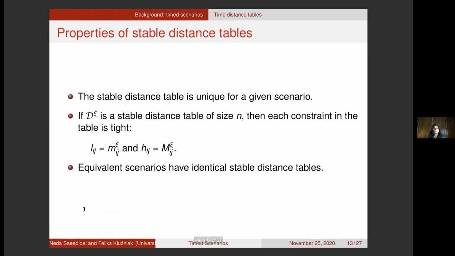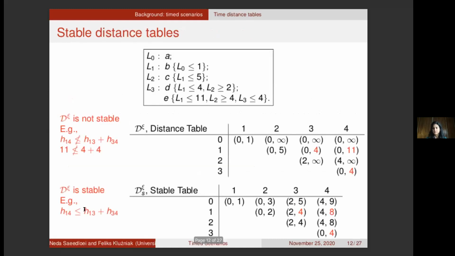Okay, so now what are the properties of a stable distance table? 3 important properties are that the stable distance table is unique for a given scenario. And moreover, each constraint that is represented by entries of this distance table is tight, because as I said before, a distance table is essentially another representation for a set of constraints.